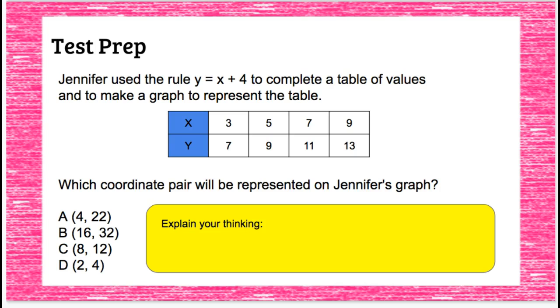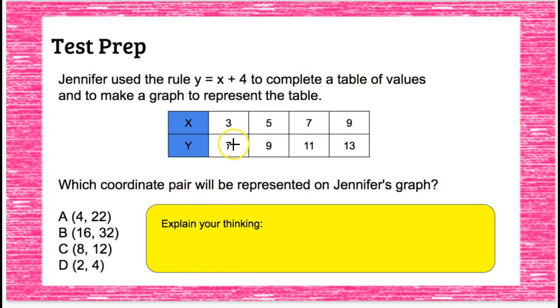Okay, let's try one problem solving together. Jennifer used the rule y equals x plus 4 to complete a table of values and to make a graph to represent the table. Which coordinate pair will be represented on Jennifer's graph? So I have the coordinate grids.